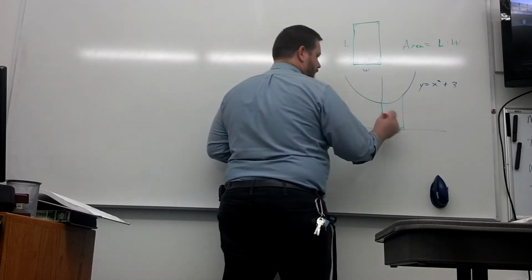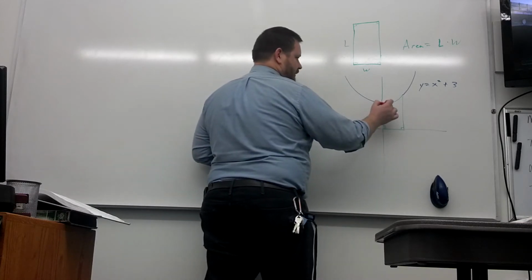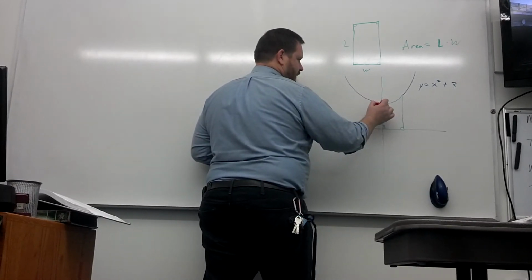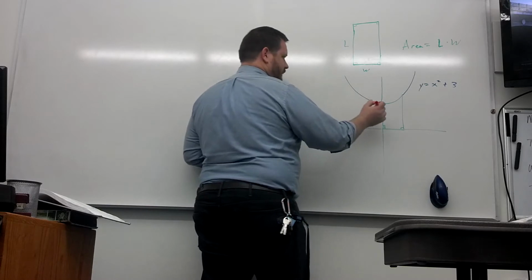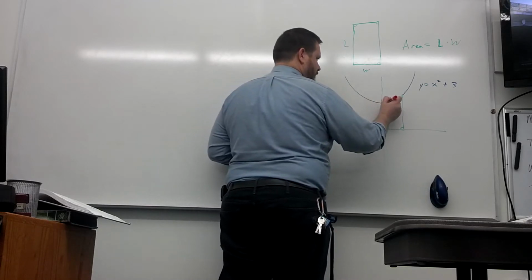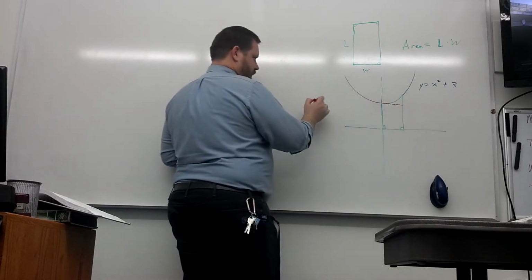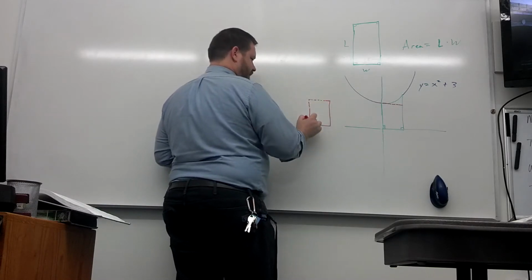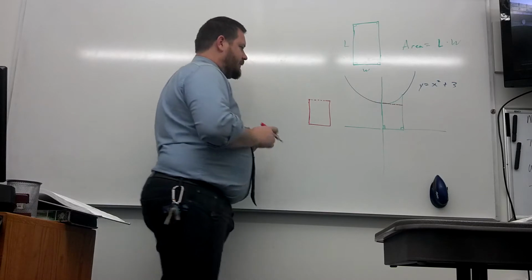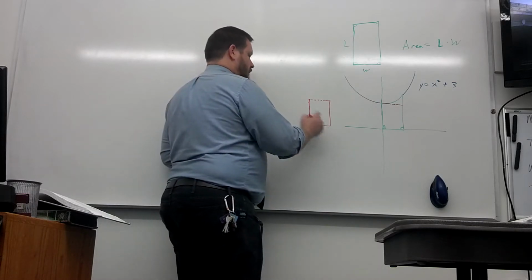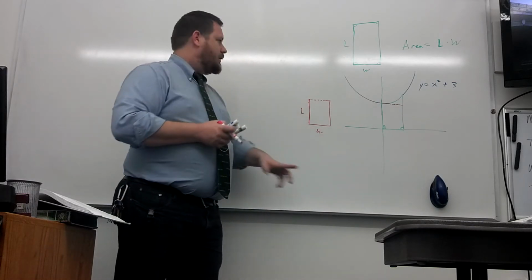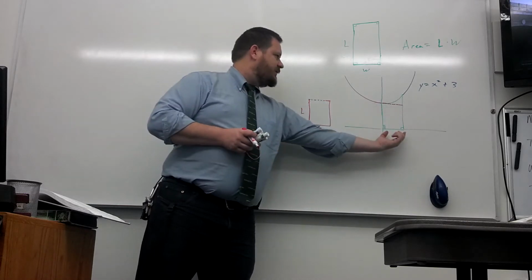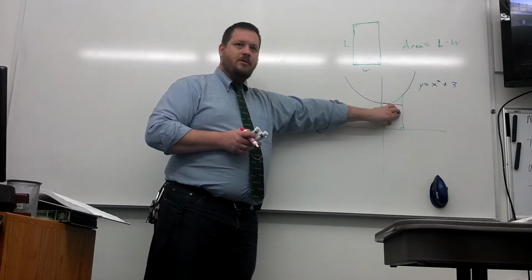If I took the bottom end of this and made a rectangle like this, same width, and using that dotted line as the top end, I could do whatever this number is times whatever this number is, and that would give me the area here.